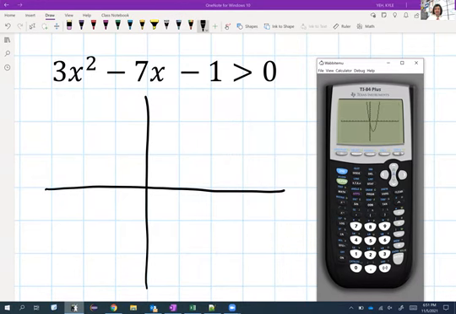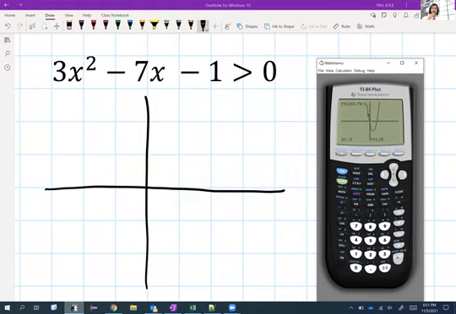Opens upward, kind of steep. But where are the roots? It looks like maybe 0. No, 0 is -1. So that's not a root. It's not hitting the x-axis. So like -0.5 maybe. And that's way too high.